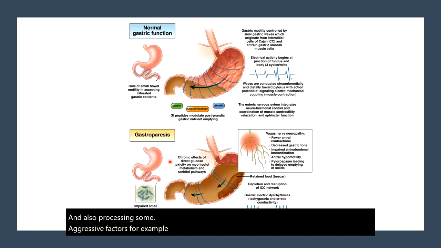So we have a motility that is done by the peristalsis of the circular or longitudinal fibers inside the muscularis mucosa of the whole gastrointestinal system, and by the action of the vagus nerve.